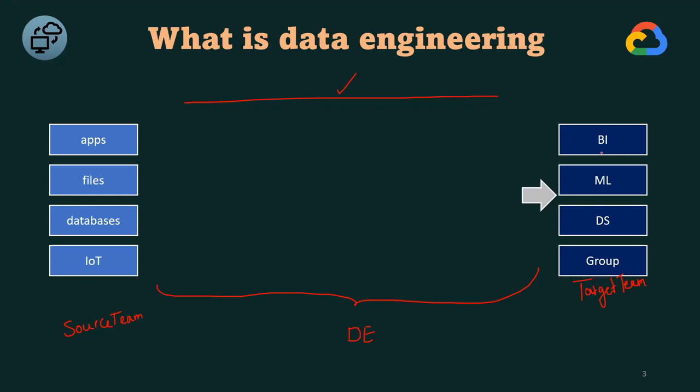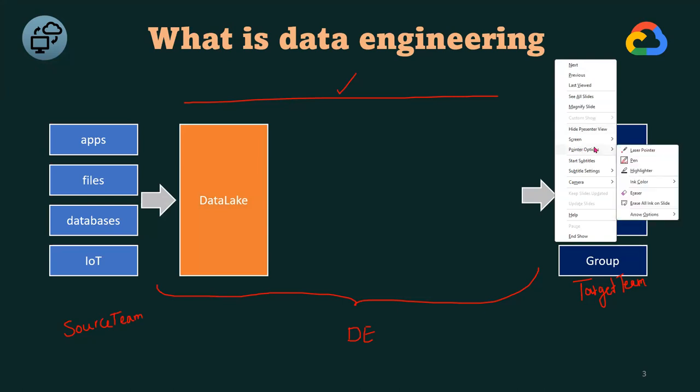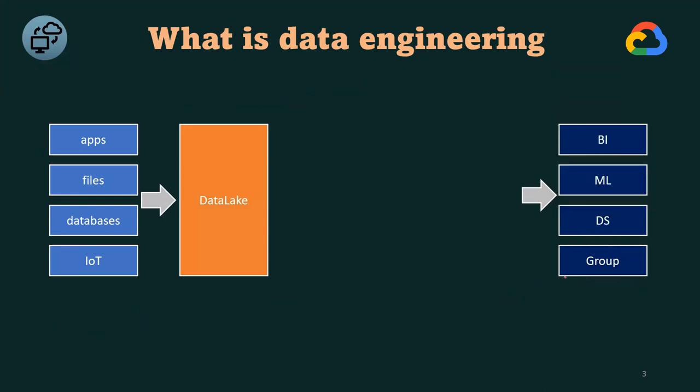If we want to provide data for analysis, for the machine learning model, or for the data scientists to provide future trends, we need to extract this data and store it in a single platform that is called a data lake. We need to extract this data from multiple data sources and store it in a single platform called a data lake.